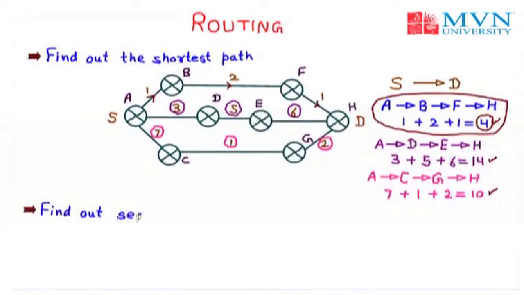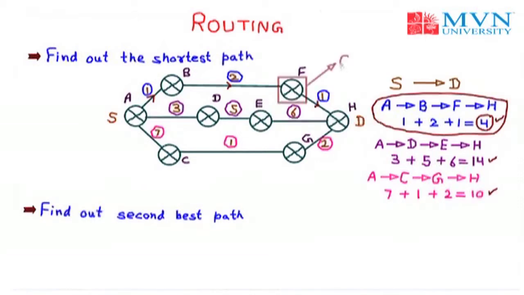Now the second issue of routing is to find out the second best path. We have discussed our first issue, in which path 1, that is ABFH, with 1, 2 and 1, a total sum equal to 4, is the shortest. But now we are going to discuss the second issue of routing, that is find out the second best path.